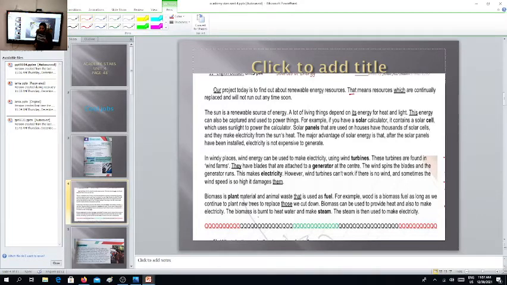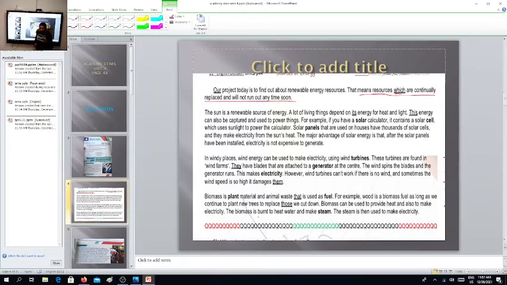So here I want you to underline this sentence, which is the definition of renewable energy. When I ask you what does renewable energy mean, you have to say that it means resources which are continually replaced and will not run out anytime soon.